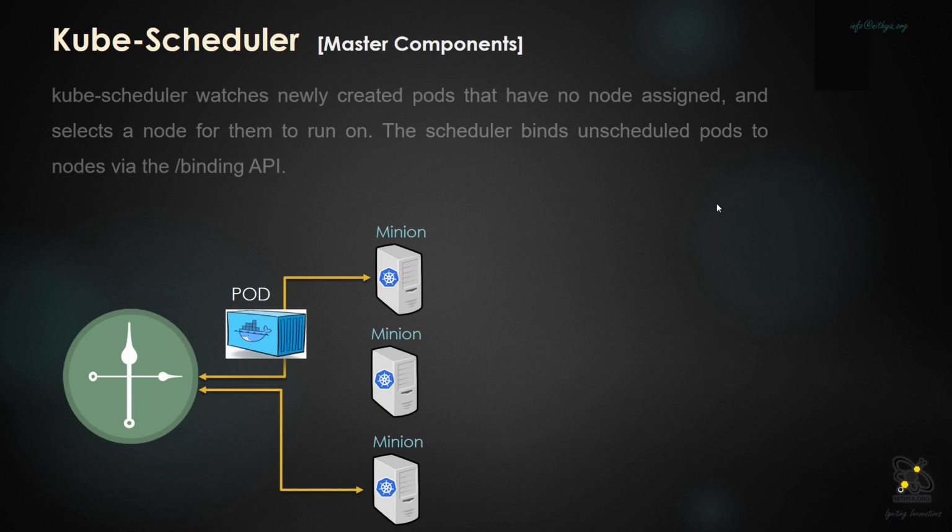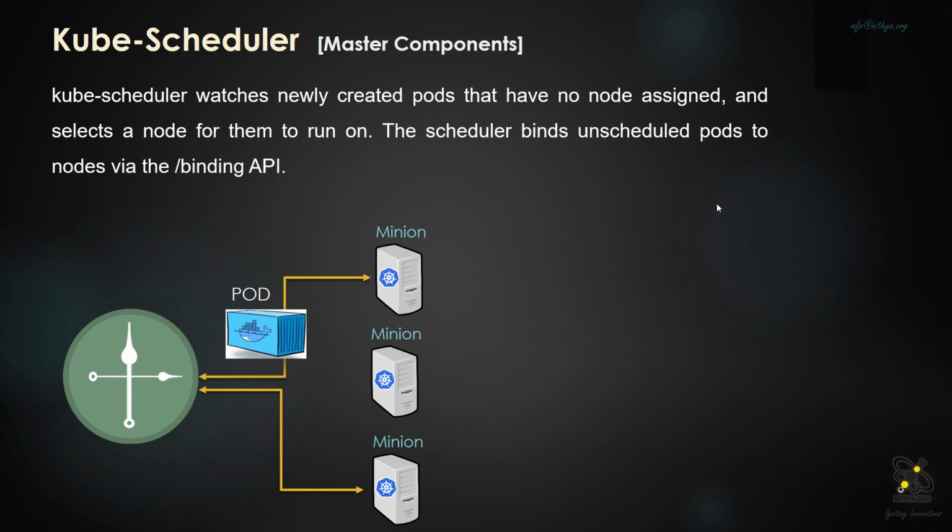The next very important component is called kube-scheduler. That is also running in the master node. Whenever you command from the API, hey, I want to provision 20 pods or 30 pods, this component watches for newly created pods and decides which machine they should run on, or how they should be distributed across the machines.